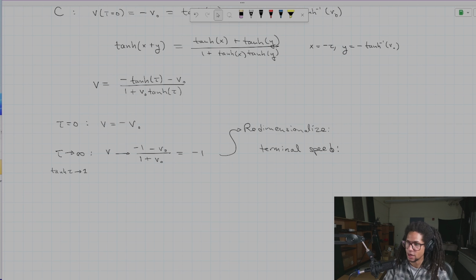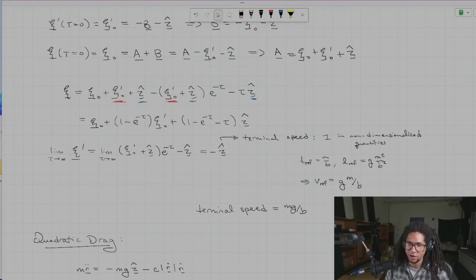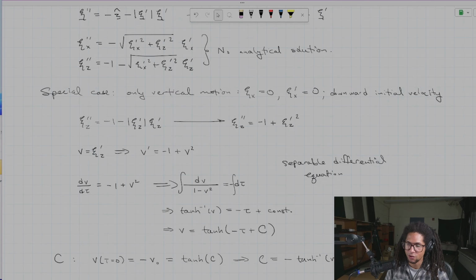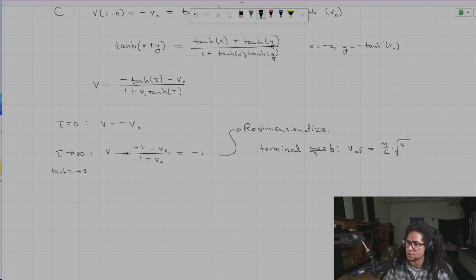So I'm going to have V ref times, again, minus 1, but I just want the speed here. So m over c times the inverse of T ref, so root gc over m. And that is going to be root mg over c.